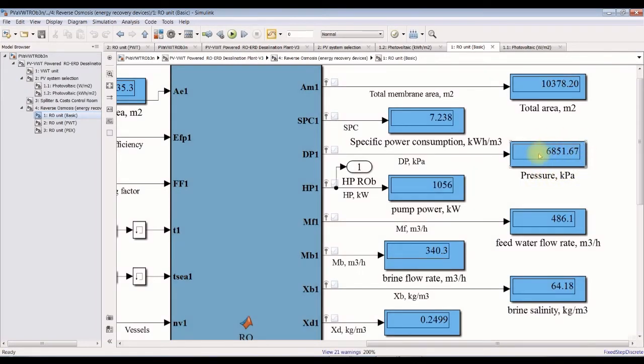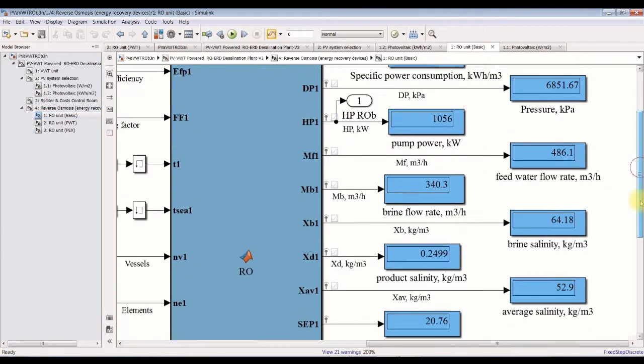It's okay, 68 bars. This is the specific power consumption. This is the total area. Okay, and this is the power, almost 1 megawatt.